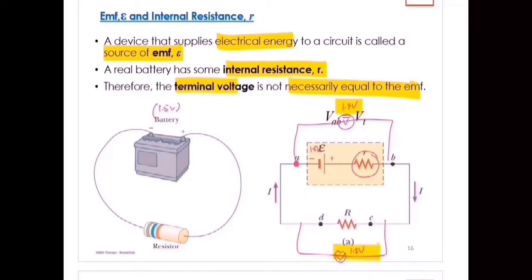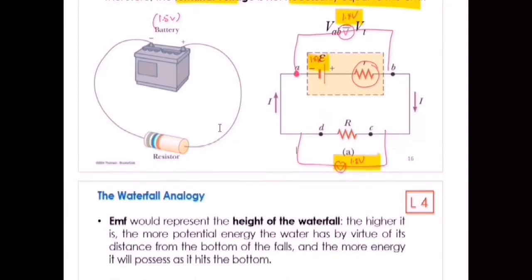This is called the terminal voltage, whereas 1.5 volts is called the EMF. So a battery labeled 1.5 volts would not necessarily have a terminal voltage of 1.5 volts as well. It could be smaller, due to the internal resistance of the battery itself.